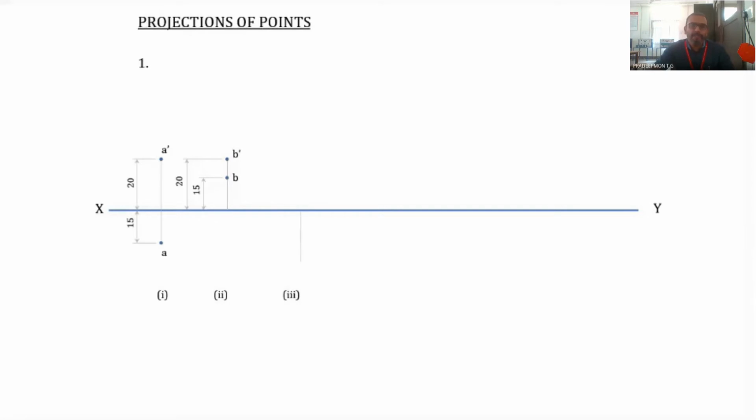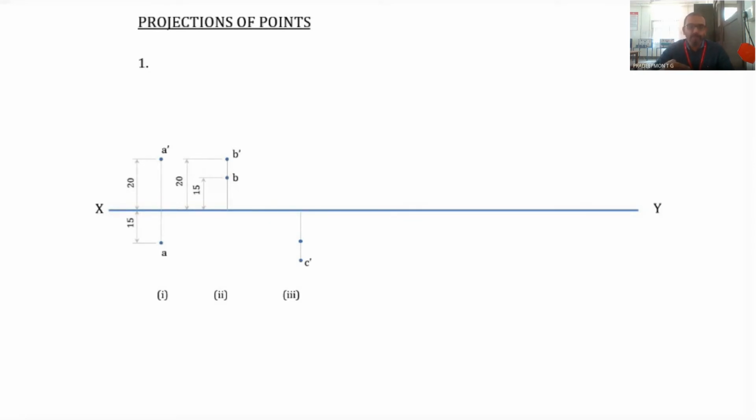In the third one, point C is 20 millimeters below HP and 15 millimeters in front of VP.